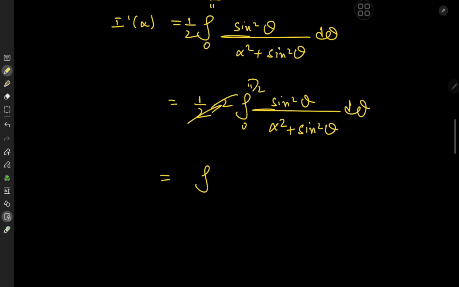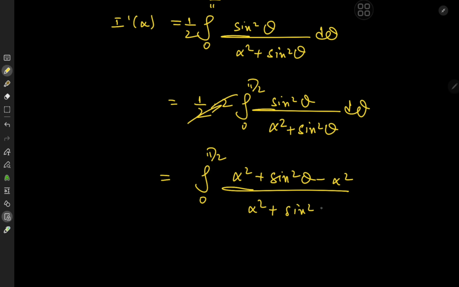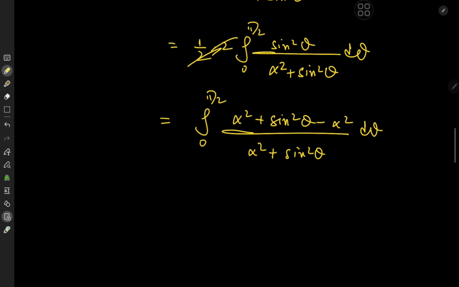And now to evaluate the target integral, I could expand by 0 in the numerator, and the version of 0 I'd like is alpha squared plus negative alpha squared. And that, of course, has the benefit of further simplifying our calculations.